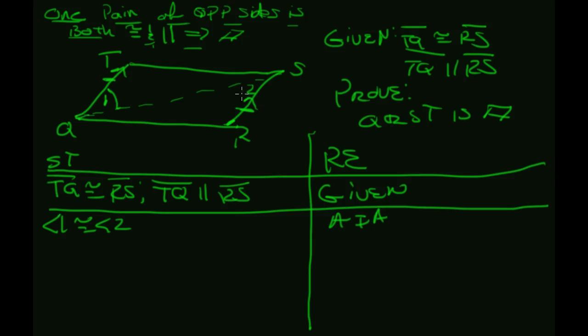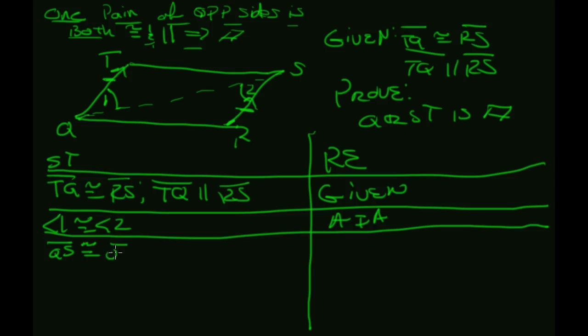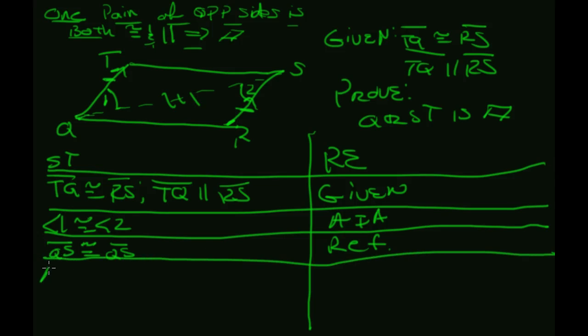So that makes that congruent to that. I also know that QS has to be congruent to itself. That's the reflexive property.